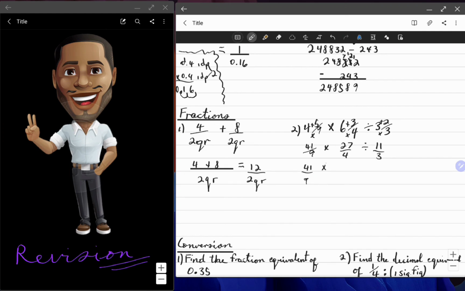So we're going to ignore the 41 over 9 for now, and then we're going to use that keep, change, flip. Keep the first fraction, which is 27 over 4. Change the division sign to multiplication, and then flip or reciprocate our second fraction, which is 3 over 11.